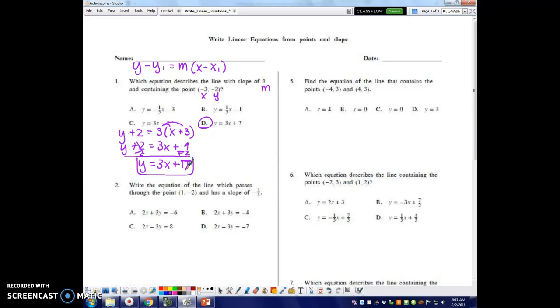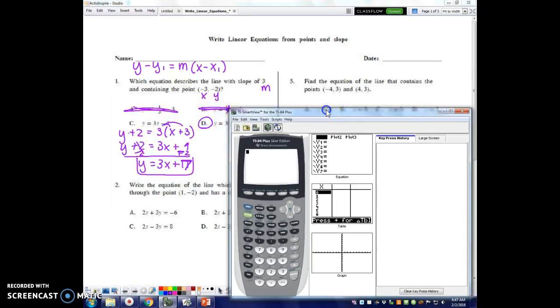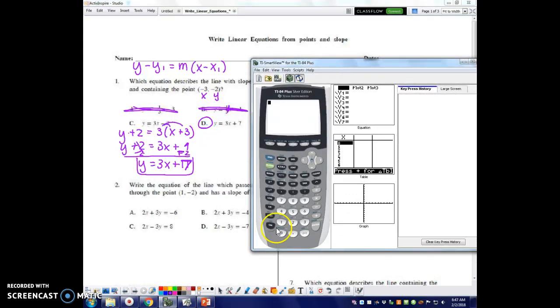From here, you could have just looked at the slope first. It says it has a slope of 3, so that definitely can't be it because that was a slope of 1/3. Same here. So that leaves you with these two. Now you could have also typed those two into your calculator. Y equals 3x minus 2 here.